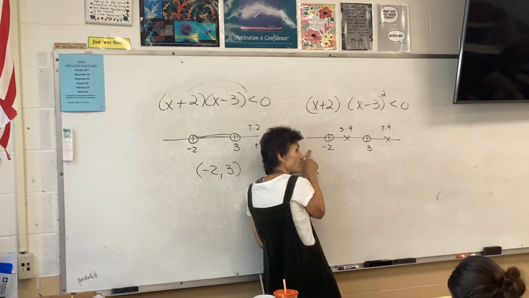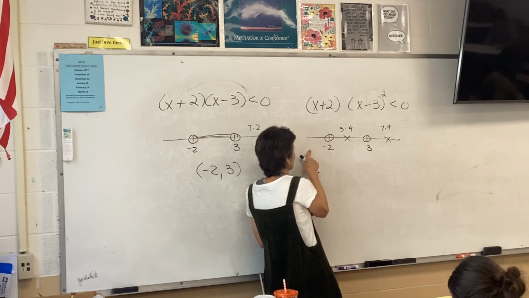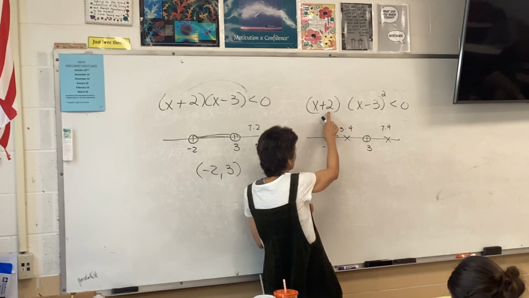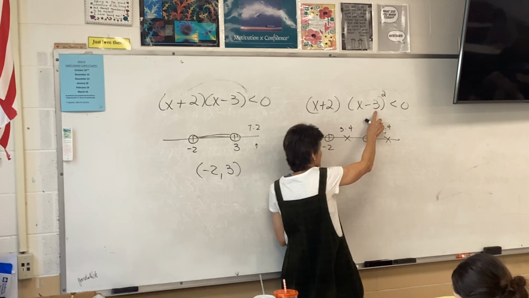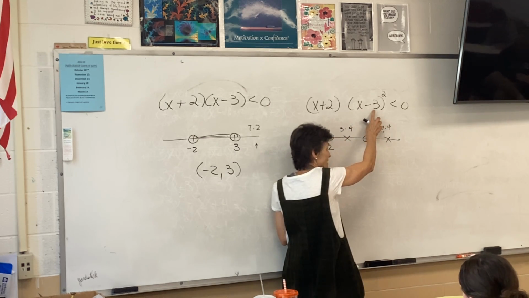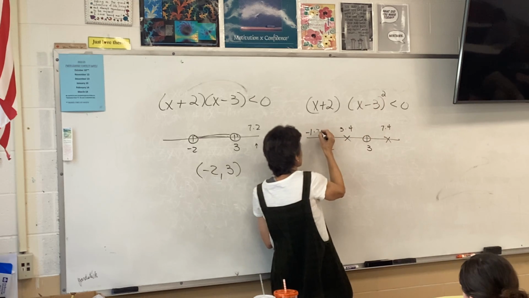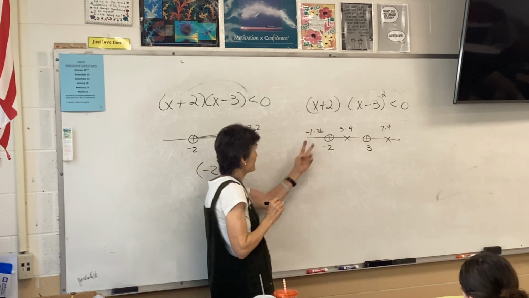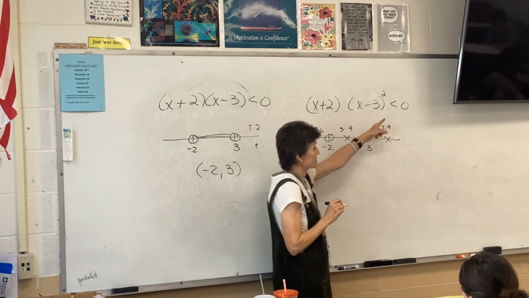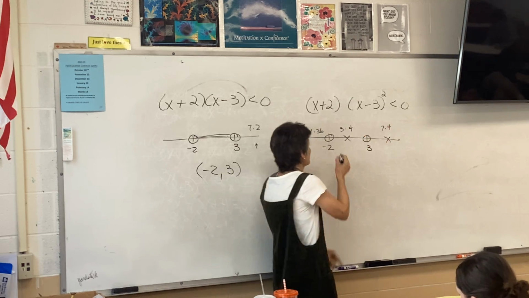Alright, pick a number out here. Negative 3. So negative 3 would give me negative 1. Negative 3 would give me negative 6. Squared is 36. Is negative 36 less than 0? Yes. So this worked.